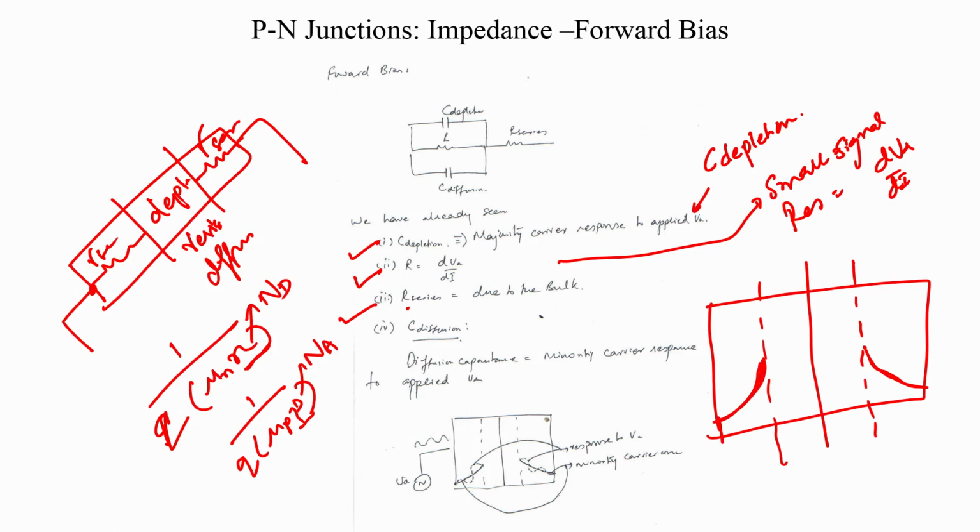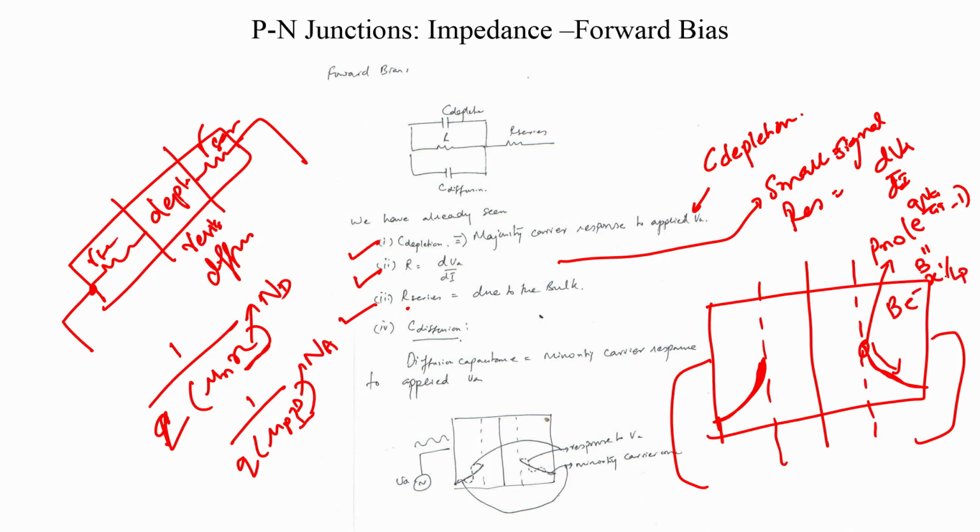We already noticed that this term was p n naught into e to the power q Va by kT minus 1, and this function was given by e to the power minus x dash by Lp. Just to recollect, obviously this minority carrier concentration depends upon Va, and the concentration at every point in space after that depends upon Va.